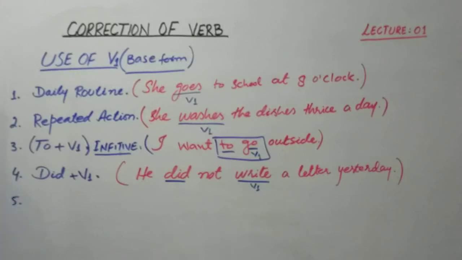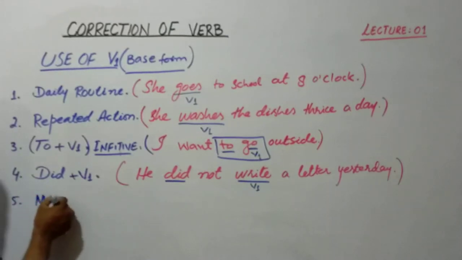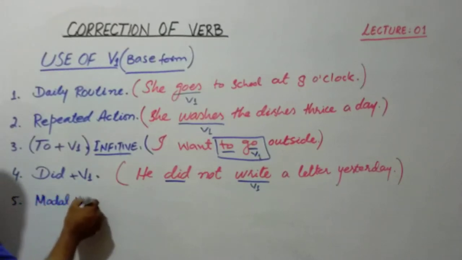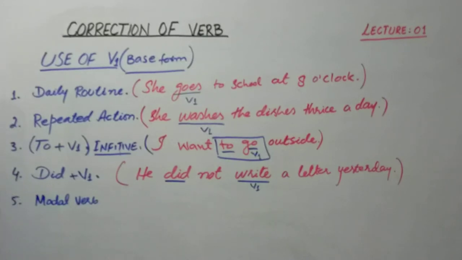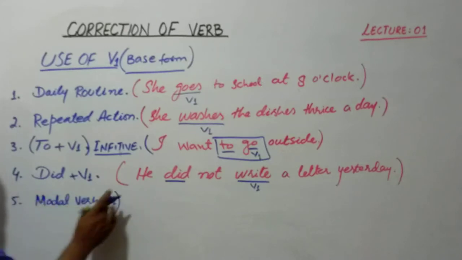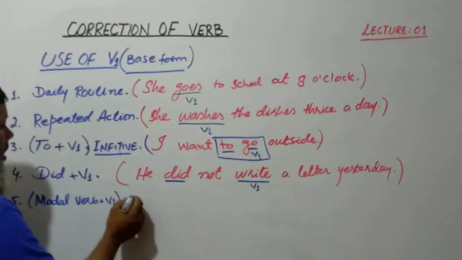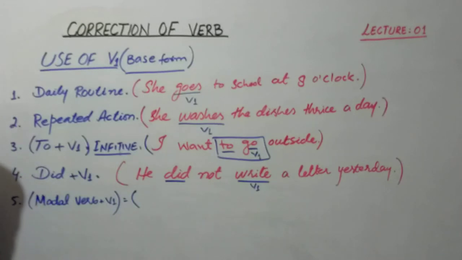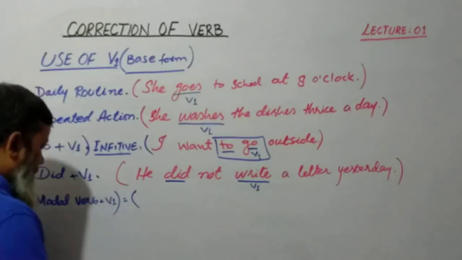Number 5, when we use the modal verbs, after the modal verbs we use the first form of the verb again. What are the modal verbs? I'll let you know. First, I'll give you examples.